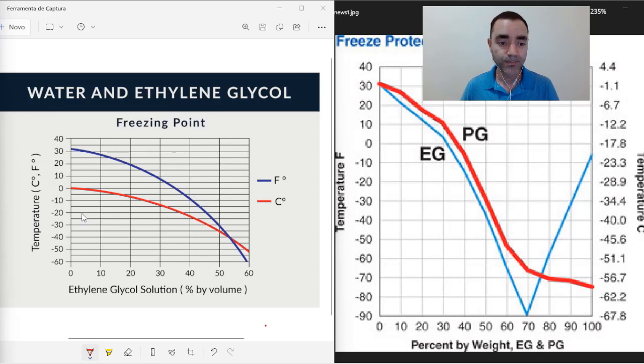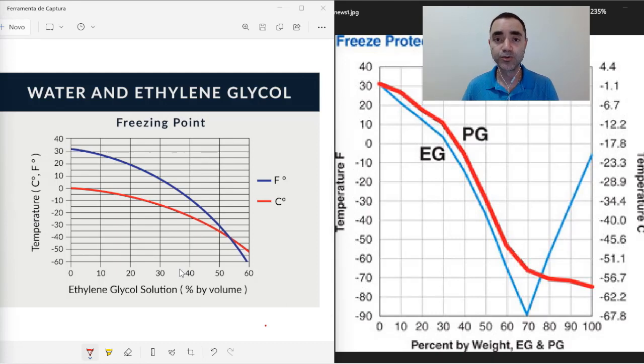And with that, instead of having 25% of volume of ethylene glycol, in the end, I should guarantee around 35 to 37% in volume of ethylene glycol.